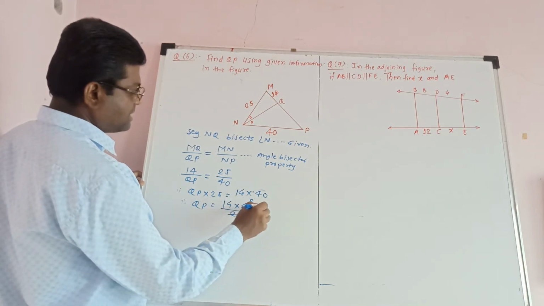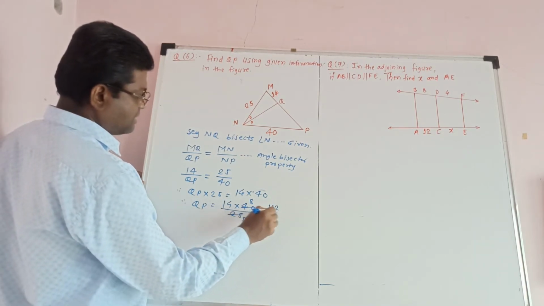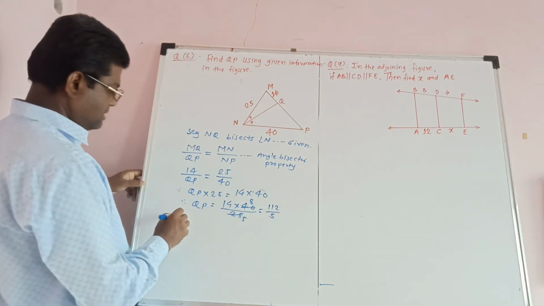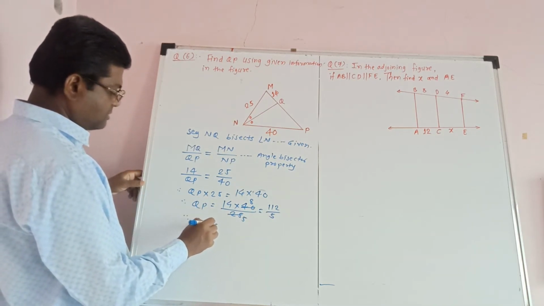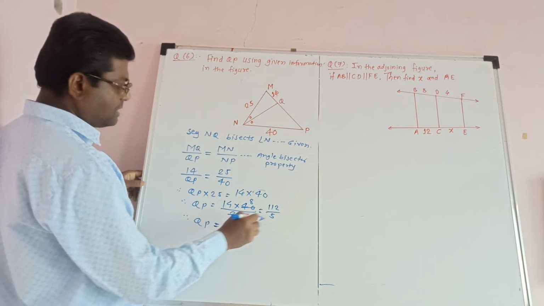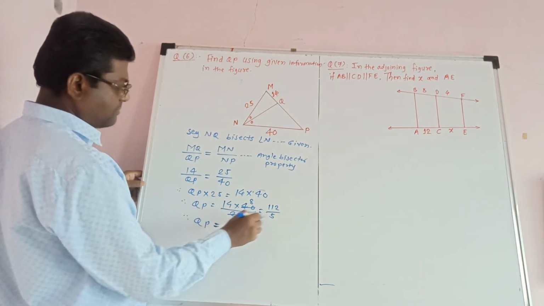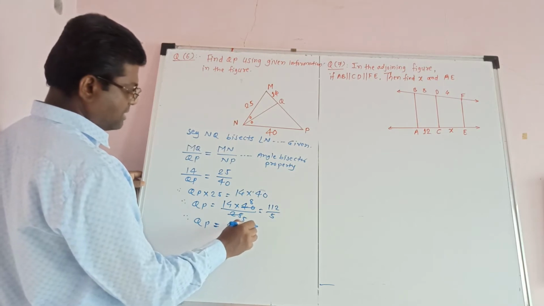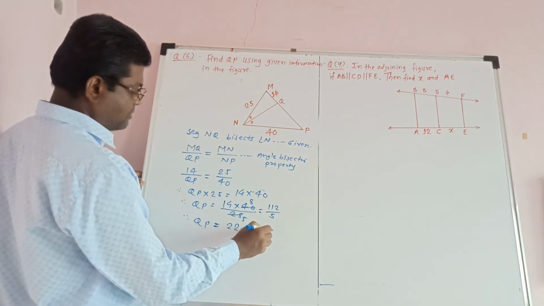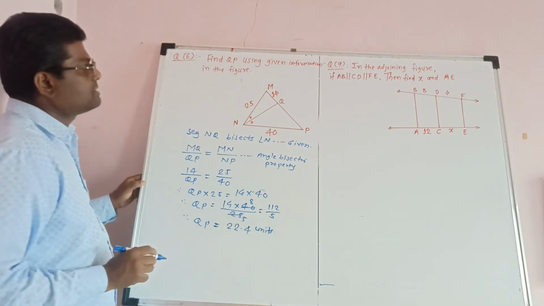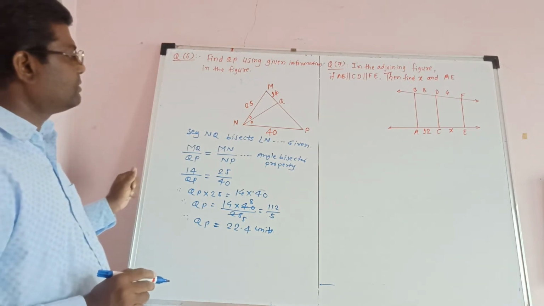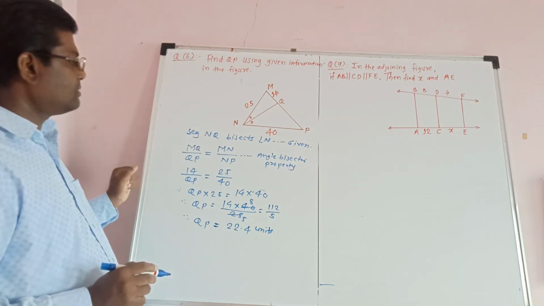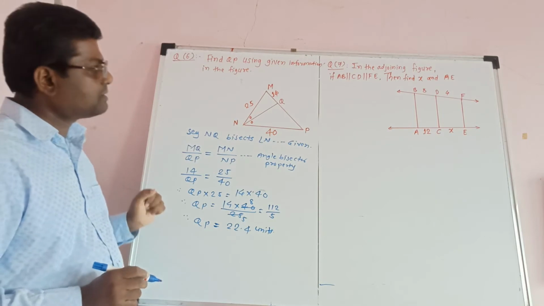This 14 8s are 112 divided by 5. Therefore QP is equal to 5 2s are 10, 5 2s are 10, 5 4s are 20, 22.4 units. That is value of QP according to angle bisector property.